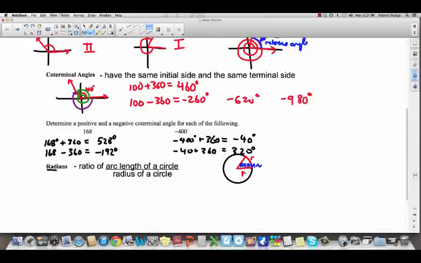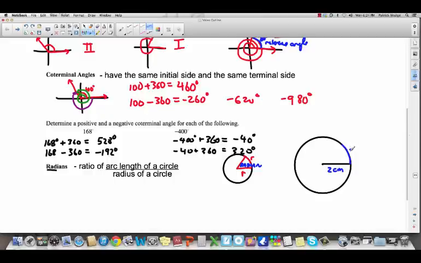Okay, so let me do another example to help you understand that. Let's draw a circle. Let's draw a radius. You don't have to draw it out this way, but we usually do. Let's say that this distance right here is 2 centimeters. And then let's say that I start at this point here and I measure along this circle and I go up 1 centimeter.